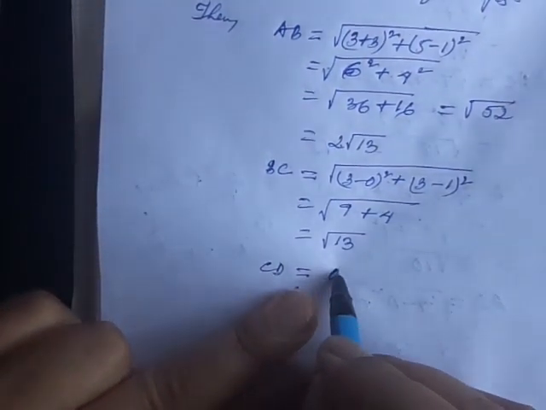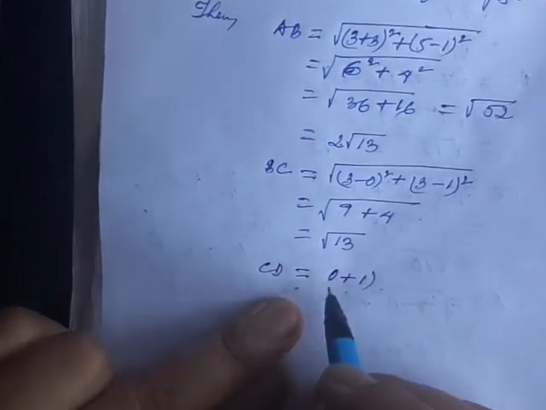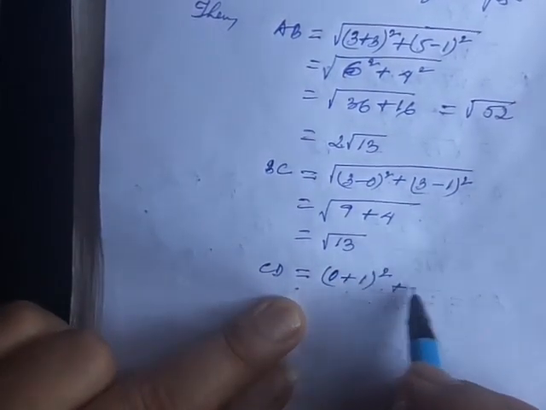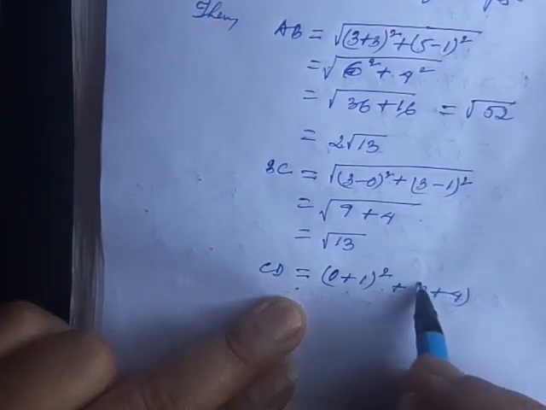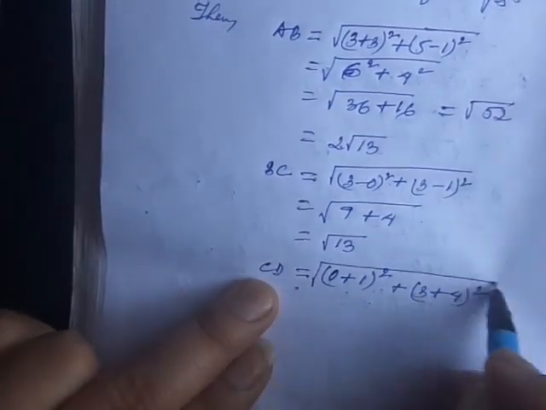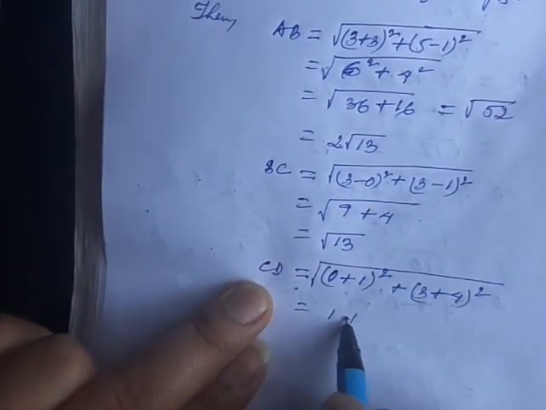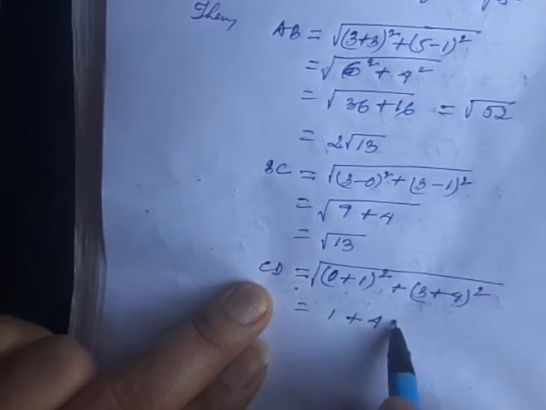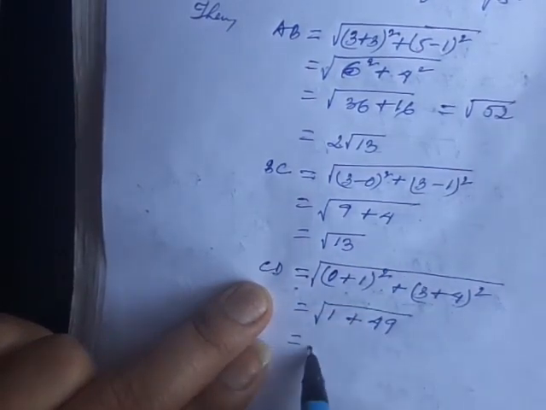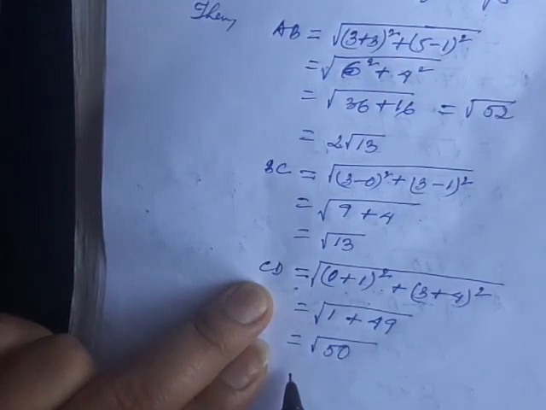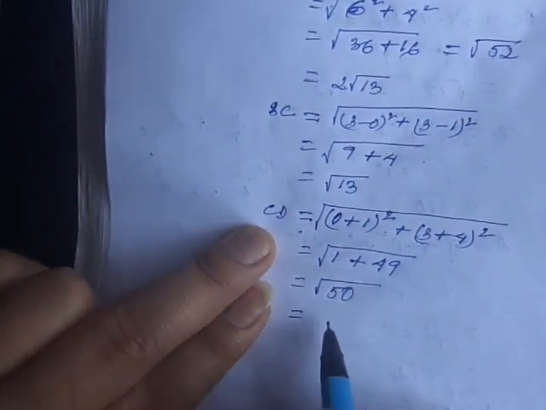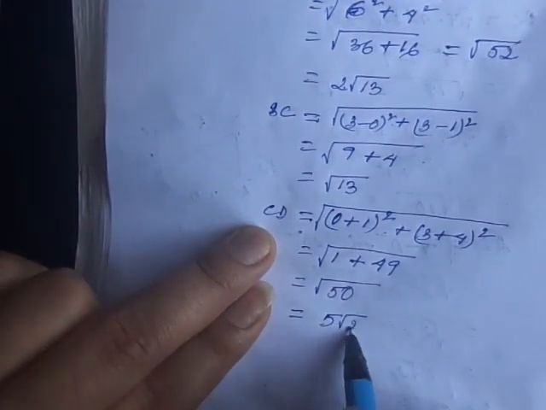So 0 minus 1, and plus 3 plus 4 whole square. So 0 plus 1 is 1. 1 square is 1. 7 sevens are 49. So we get root 50. Root 50 is equal to 5 root 2.